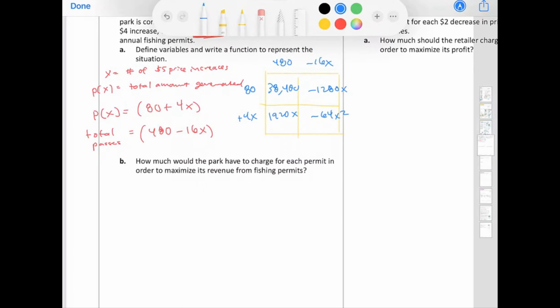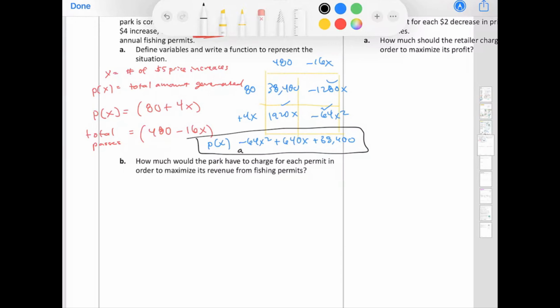So negative 64x squared, subtract those, so 1920 minus 1280 gives me 640, plus 38,400. And that's my function.